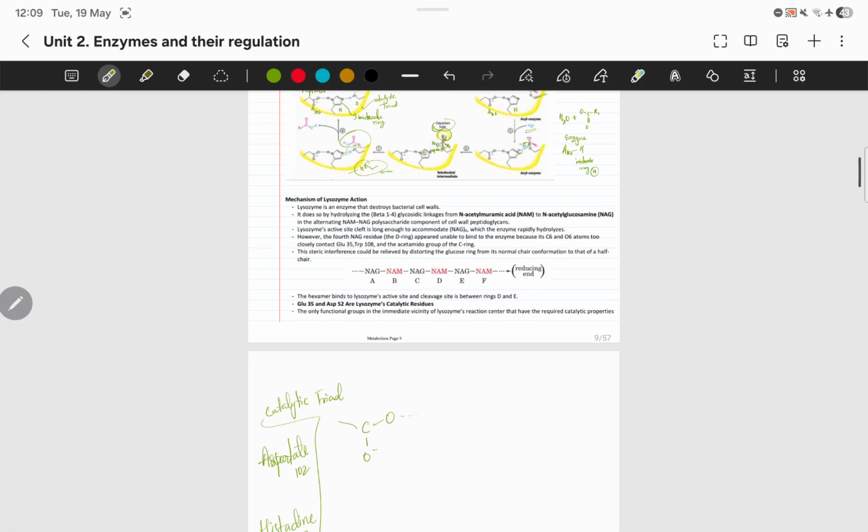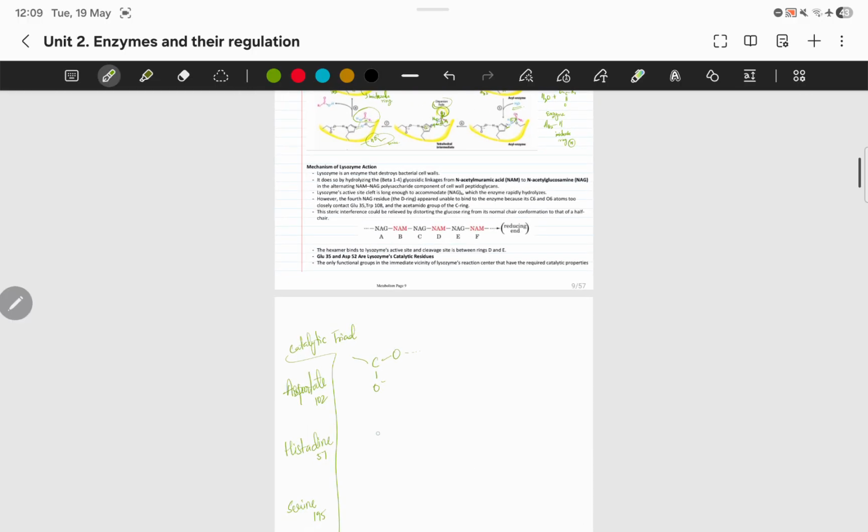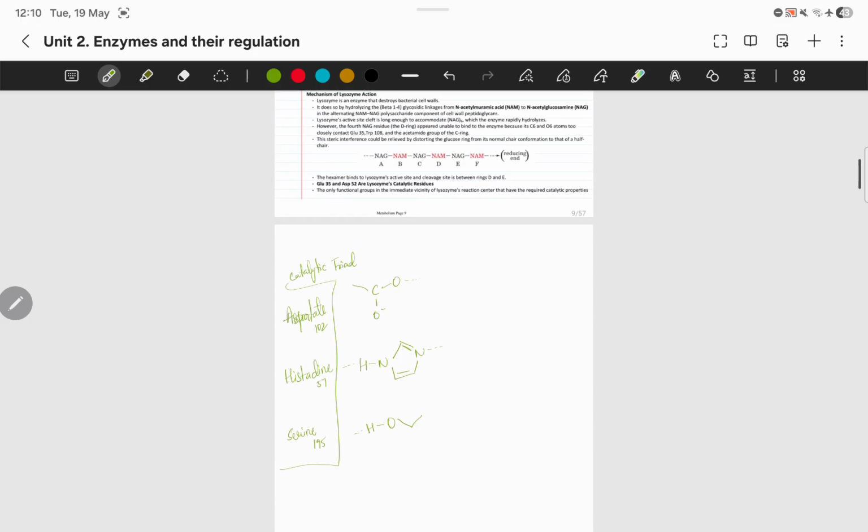Okay, and histidine looks like H N, a pentagon with an N, double bond here and double bond here. Okay, and last but not the least, H O, and going like this. Okay, these are our three characters.